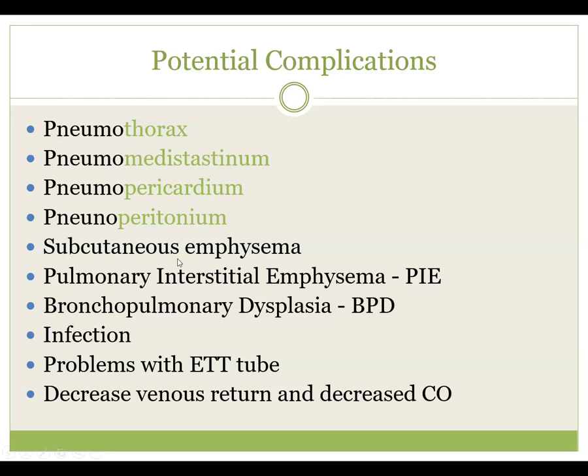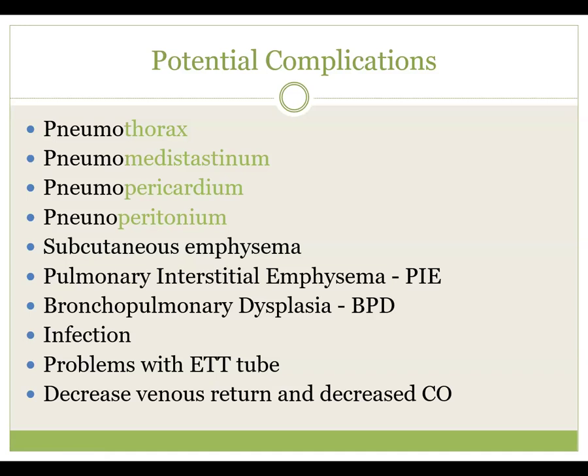Subcutaneous emphysema, if you guys haven't felt it, you need to look for it. Okay, it's when there's subcutaneous air. It feels like fine bubble wrap, or like you would think, it feels like Rice Krispies sound. That makes sense. Pulmonary interstitial emphysema.